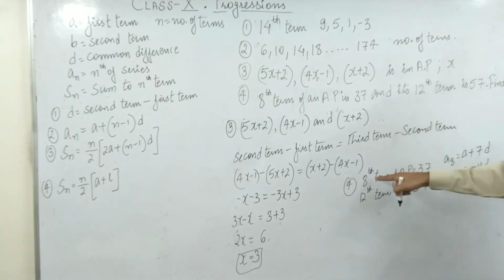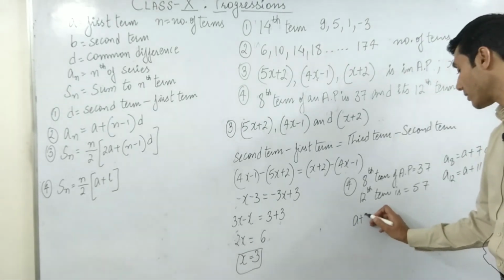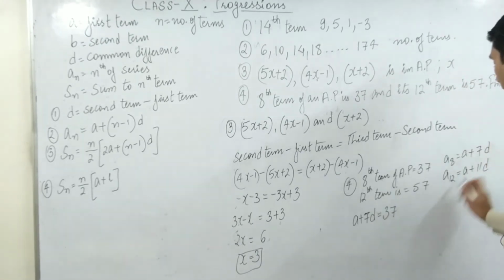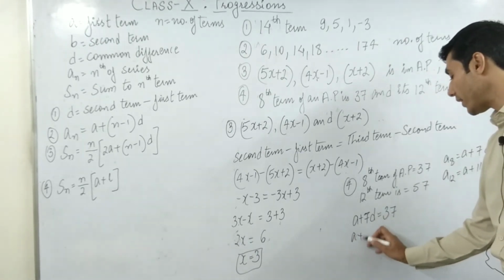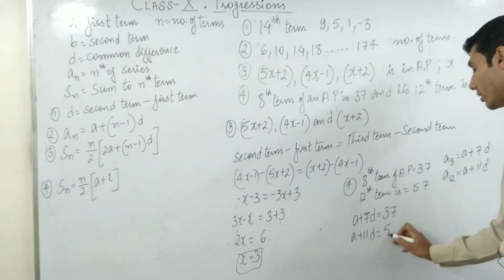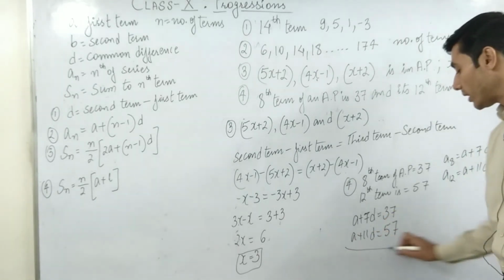Now you are saying the 8th term is 37, so let's substitute it here. A plus 7D should be equal to 37 and A plus 11D should be equal to 57. Guys, does something come to mind? Which equation? Linear equation in two variables. So let's eliminate them.